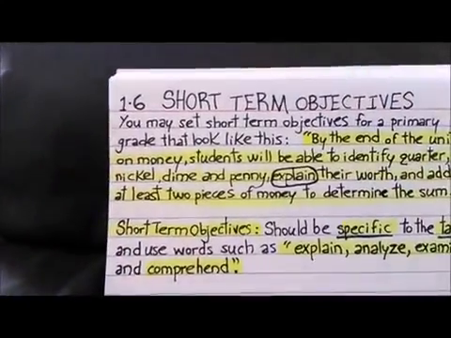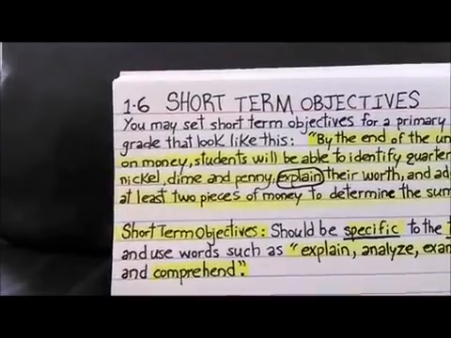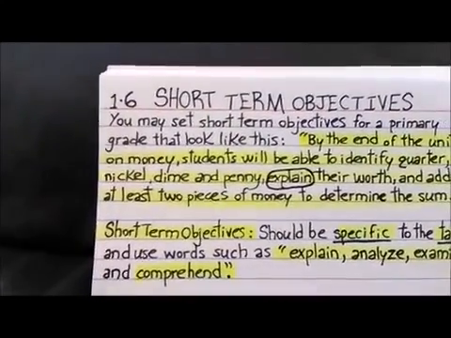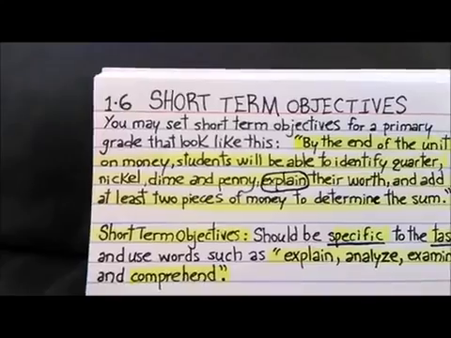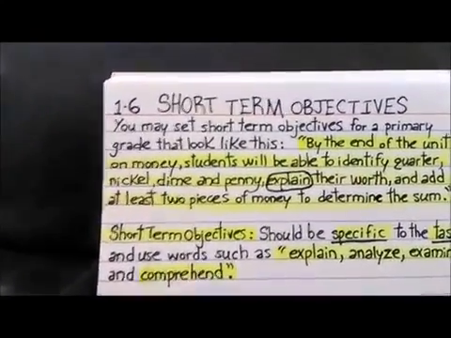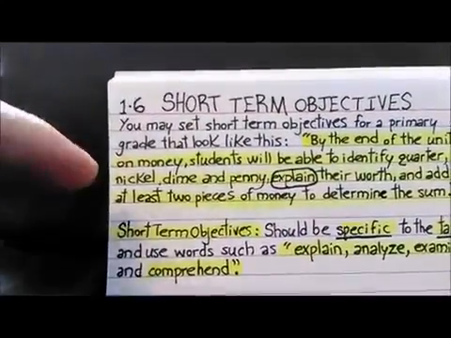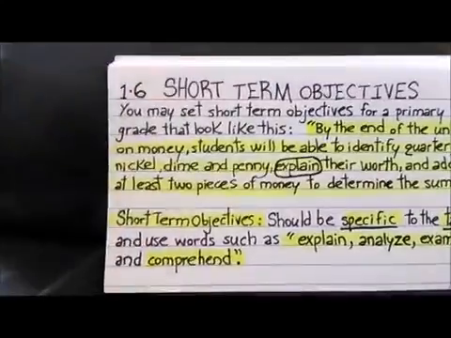Short-term objectives. You may set short-term objectives for a primary grade that look like this. By the end of the unit on money, students will be able to identify quarter, nickel, dime, and penny, explain their worth, and add at least 2 pieces of money to determine the sum.